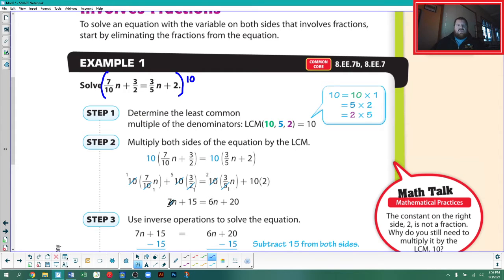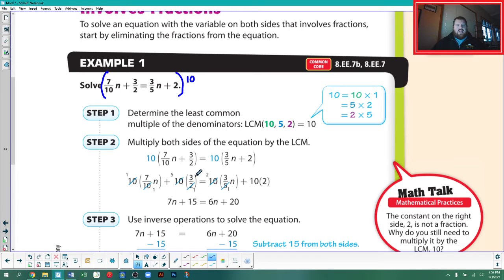And that does some pretty awesome things. First, on the first piece here, when I multiply it by the 7/10 n, the 10s cancel out and I'm just left with 7 on top. So that's 7n.